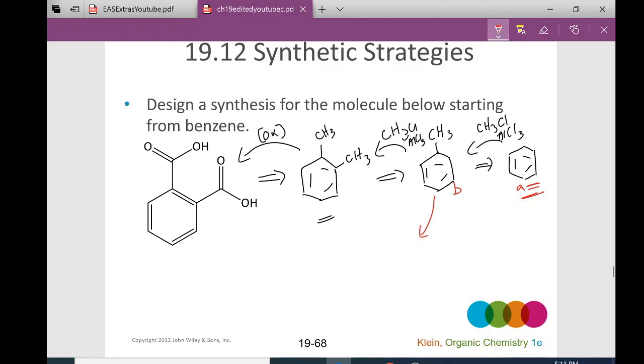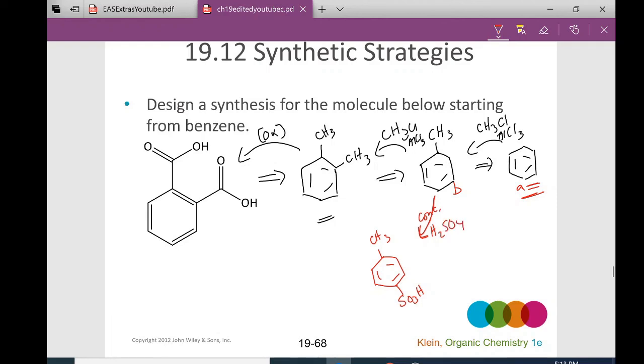And then we're going to have to install a blocking group on molecule B to block the para position so that the second methyl group doesn't add there. So how do we do that? We just use concentrated or fuming H2SO4.